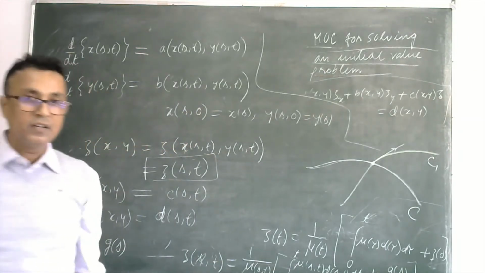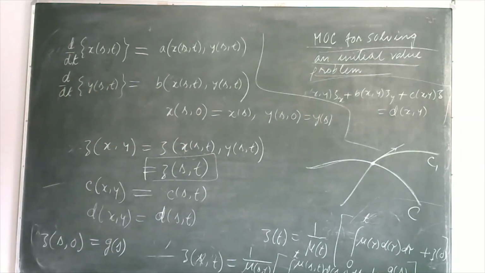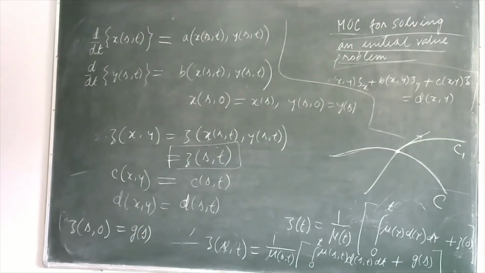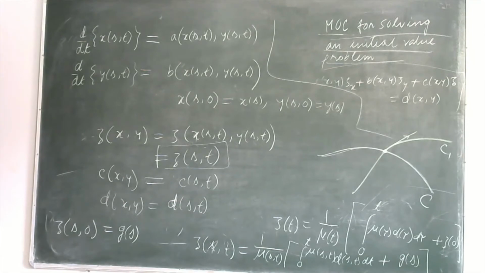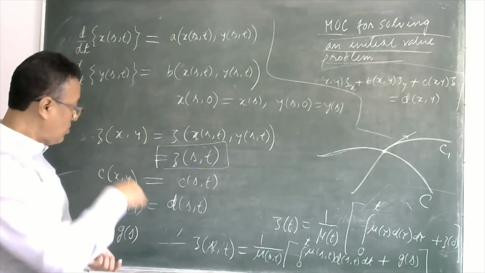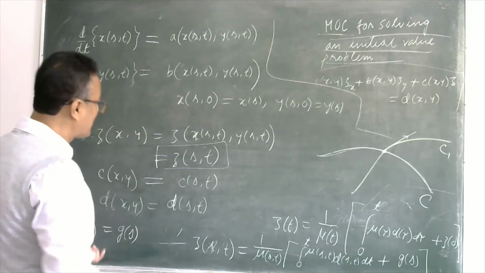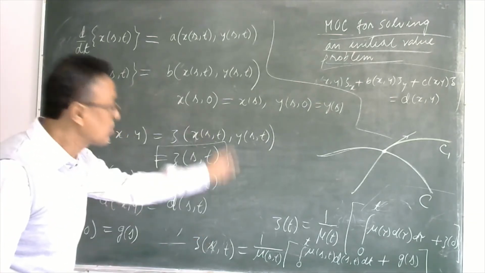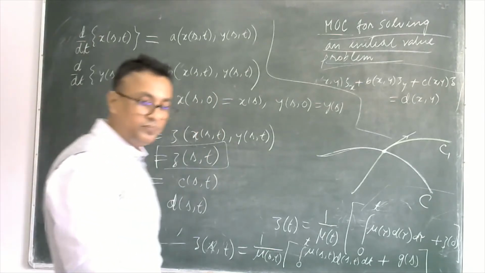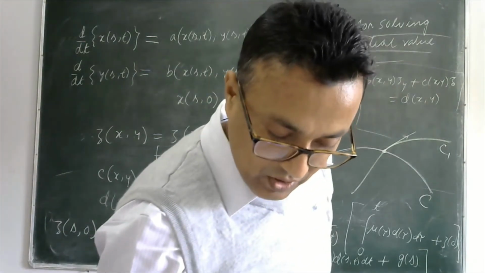Is it okay? Fine. Okay. Now, say I have to do one particular exercise, then it will be clear how through this method of characteristics you can solve a given differential equation.